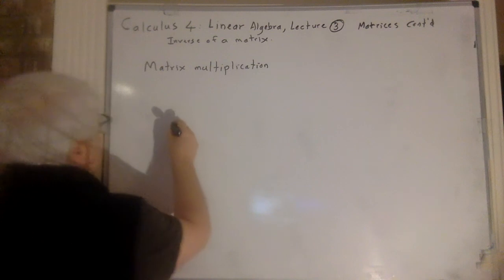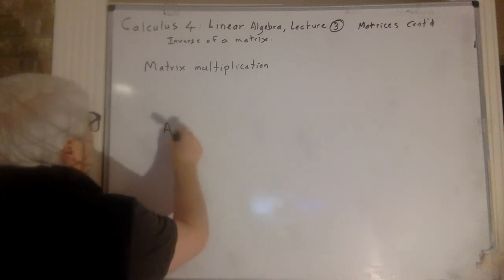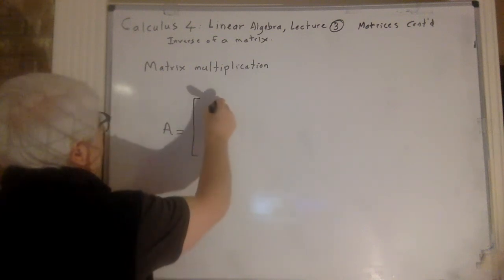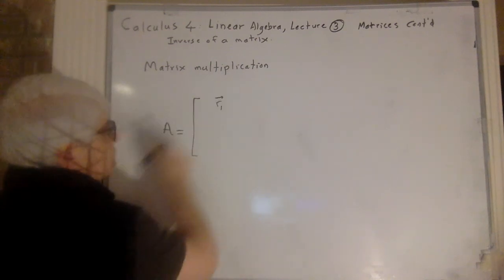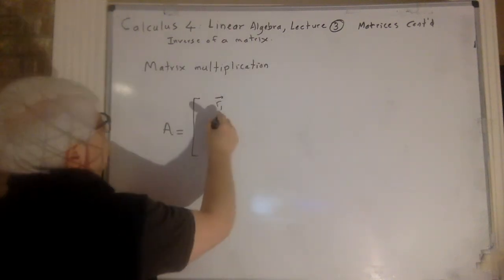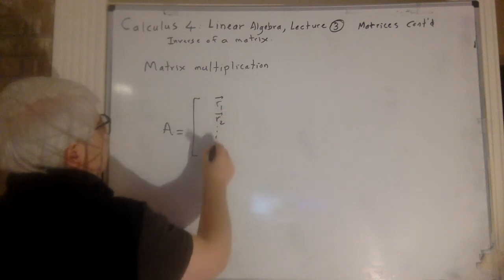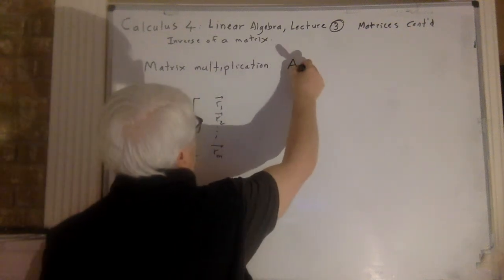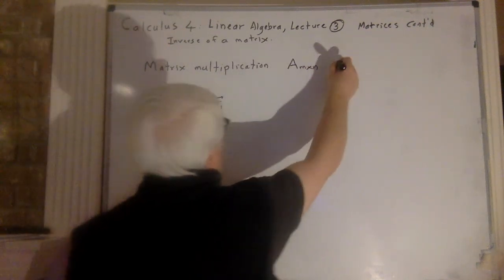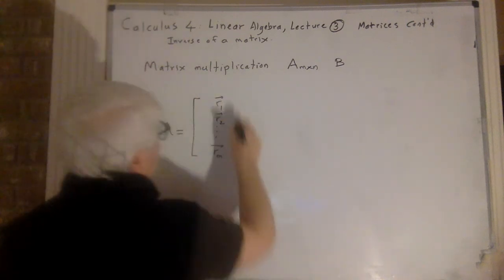So matrix A, I write matrix A in this format, R1 as a row vector. So I just take row number 1, row number 2, and so on. I'm assuming that A is m by n, and B is what?